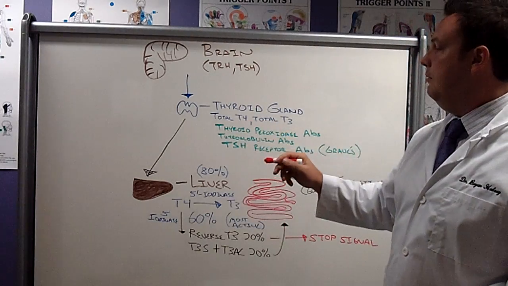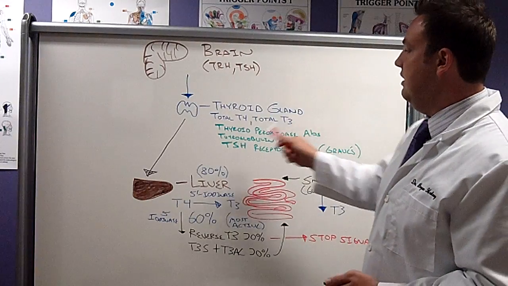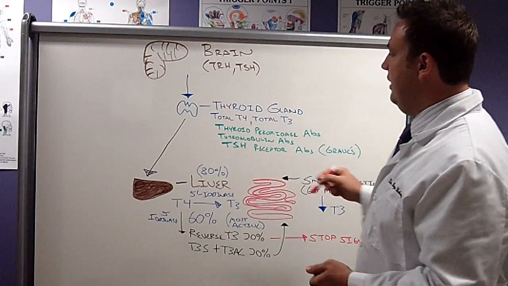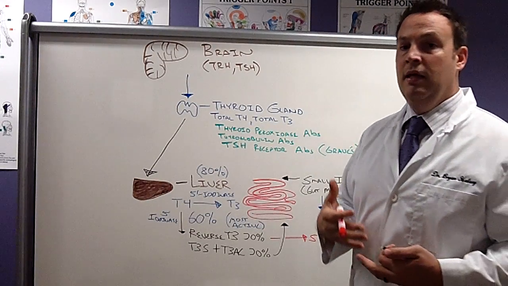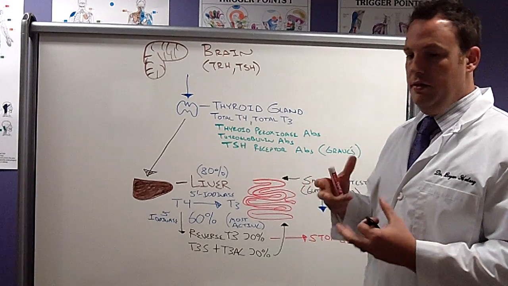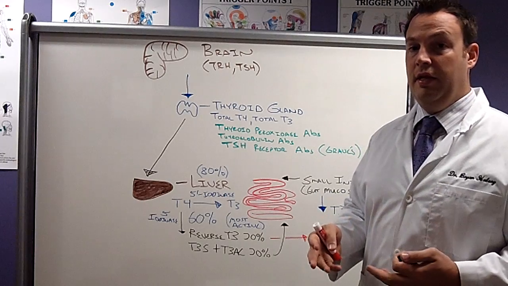So with that, some of the things that we're checking on our labs, we need to check to see if we're going after the enzyme that makes thyroid hormone. That is called thyroid peroxidase, and antibodies means that our body is producing the proteins that bind to different things.